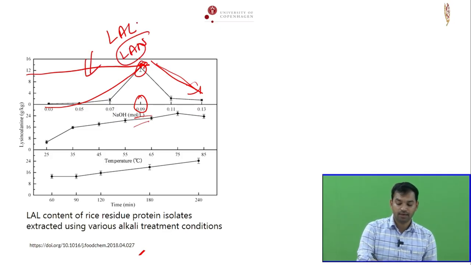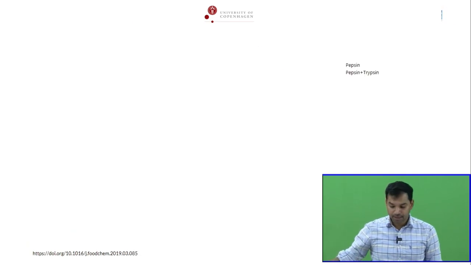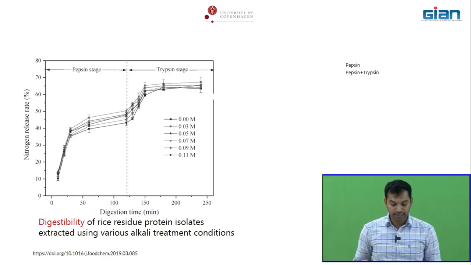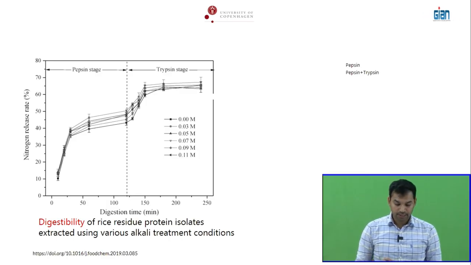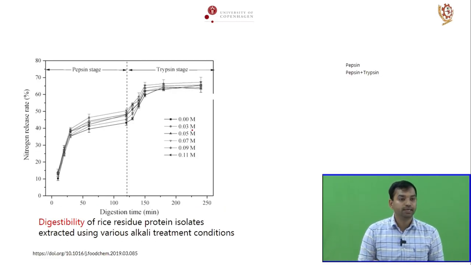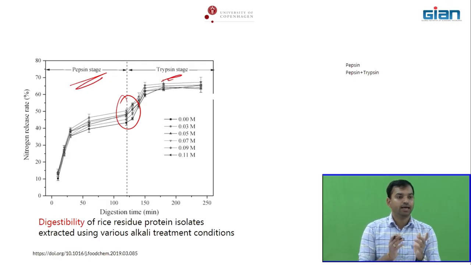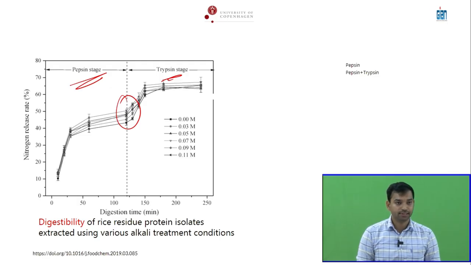This data is for LAL. Is it clear? And in the same paper they published later the digestibility of that one. They show that the digestibility is also compromised because of the alkali treatment, because of the LAL and LAN formation. There's a compromised digestibility. Pepsin and trypsin cannot recognize LAL and LAN.